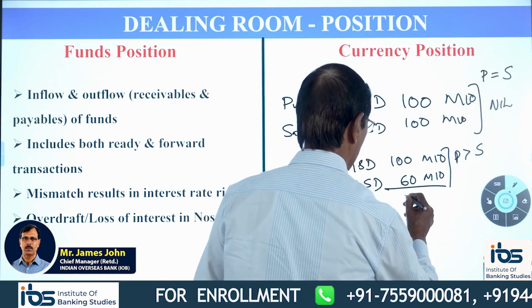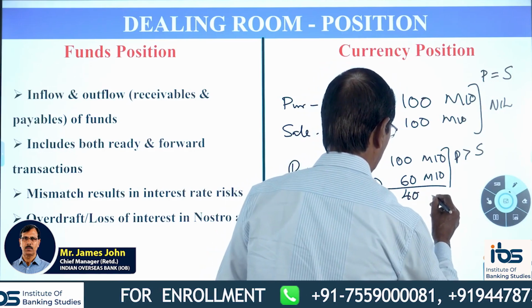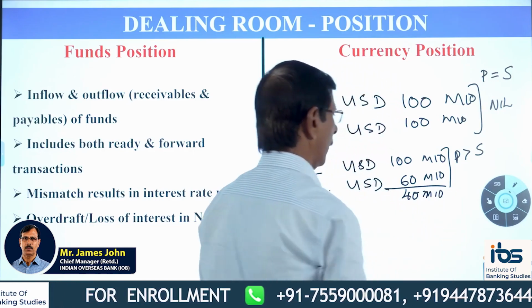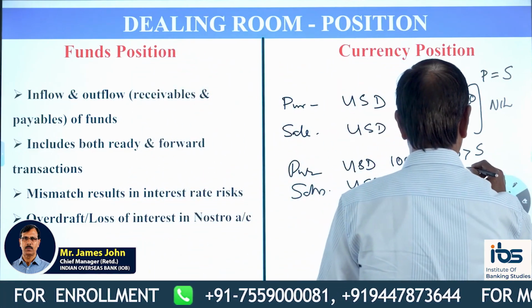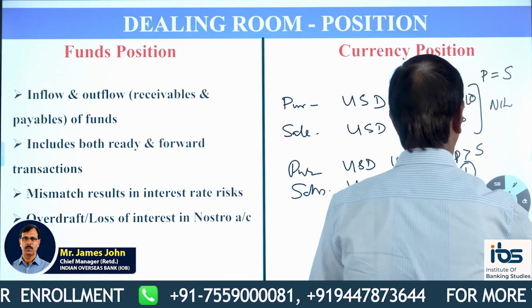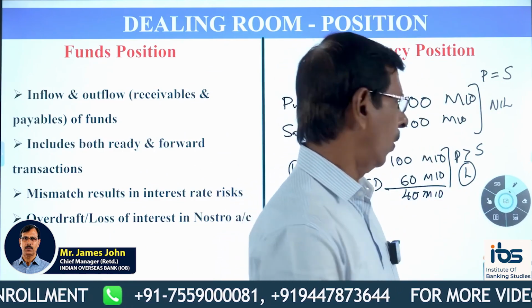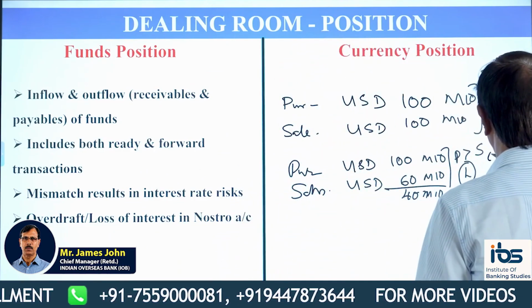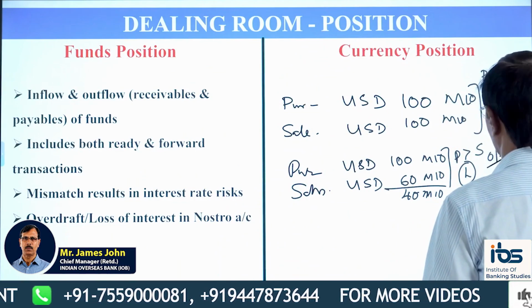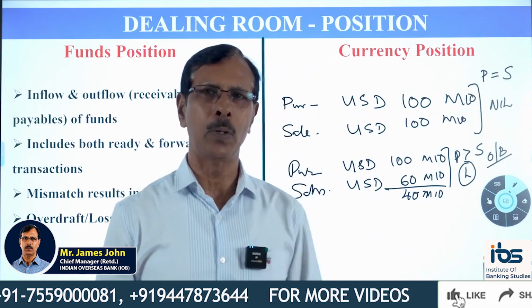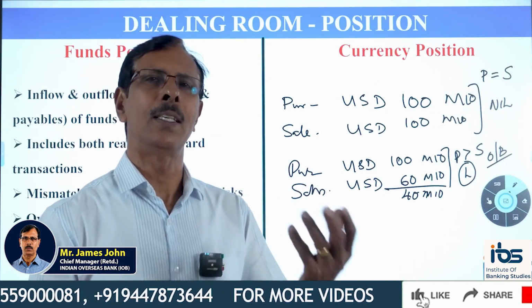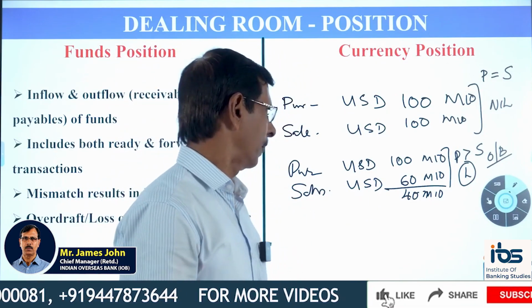The difference is 40 million. In this position, where purchase is more than the sale, we say it is a long position, or I can say it is an overbought position. So make it very clear: what's meant by long position or overbought? Overbought: purchase is more than the sale.